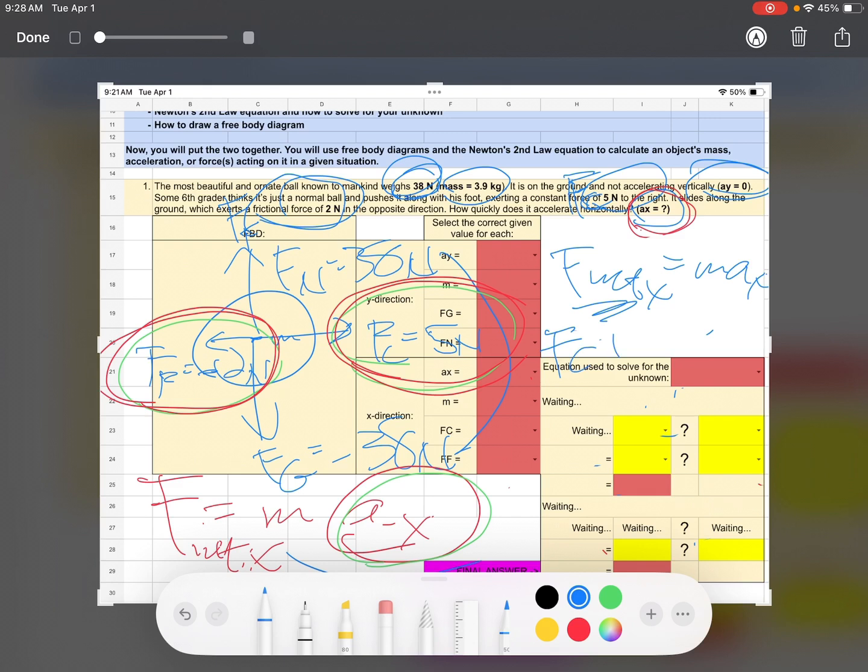FC plus FF equals MAX. All right, so I'm going to sub in those values now. FC is 5 newtons. FF is a negative 2 newtons, equals, and we know the mass, 3.9 kilograms times AX. And you solve for AX with some simple algebra.